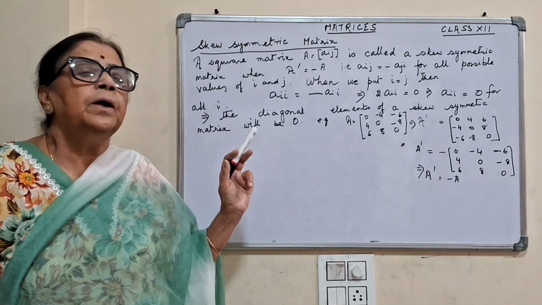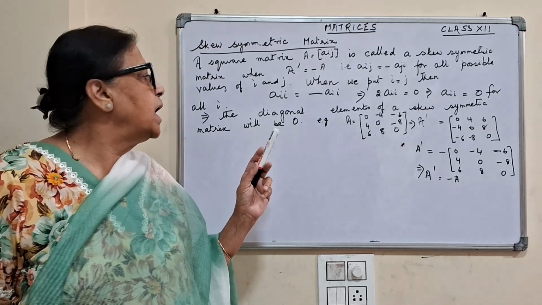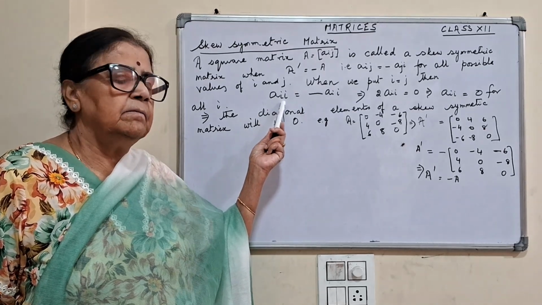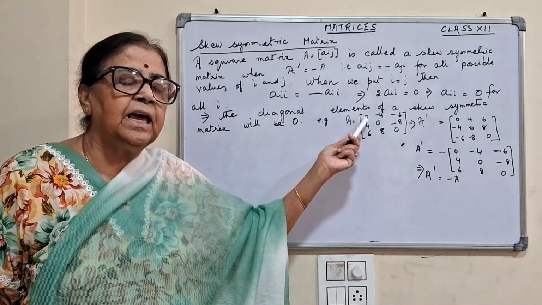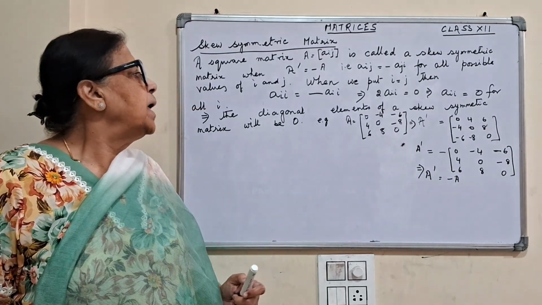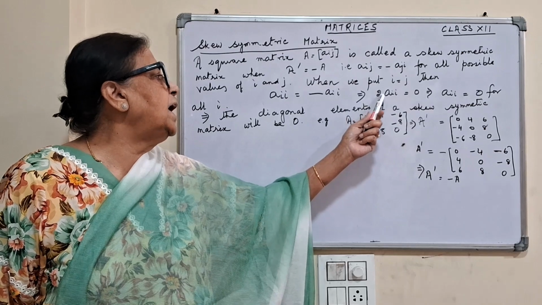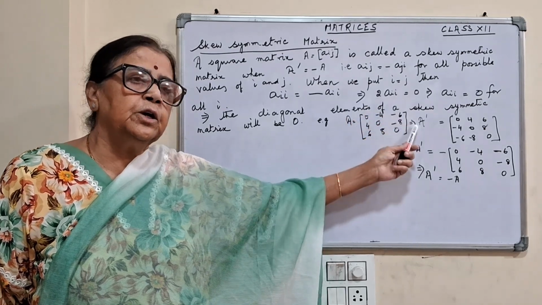Now, when i is equal to j, then what do I get? I get aii is equal to minus aii in case of a skew symmetric matrix. That means twice aii is equal to 0.